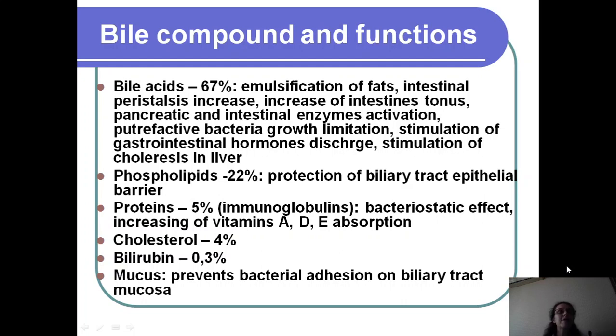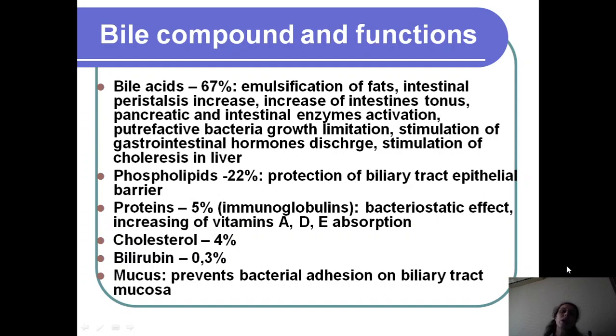As soon as we have some pathological condition which is accompanied by a decreasing amount of bile acids, it's accompanied by formation of sediment out of those substances which normally should be dissolved, by calcium bilirubinates, by cholesterol, and it's a huge predisposition for so-called cholelithiasis, a pathological condition which is accompanied by formation of stones.